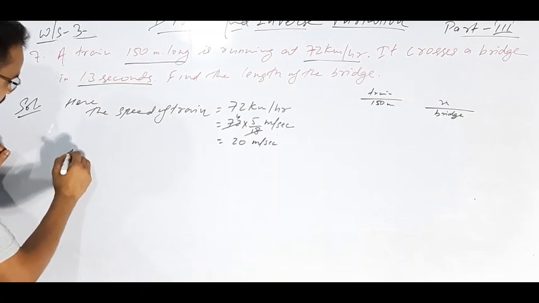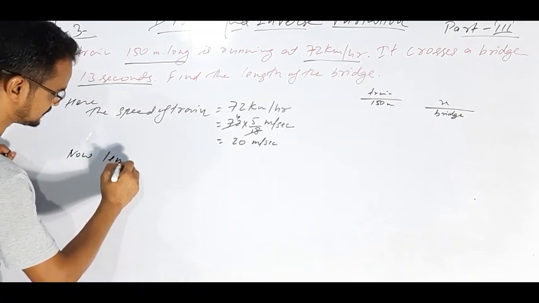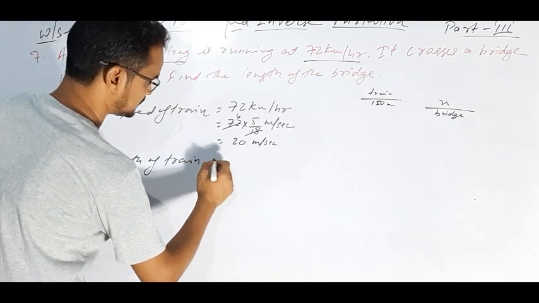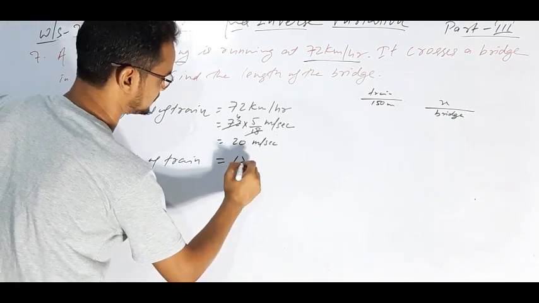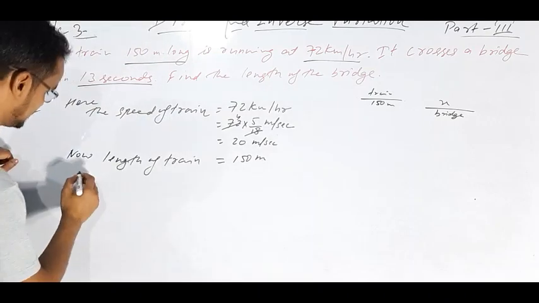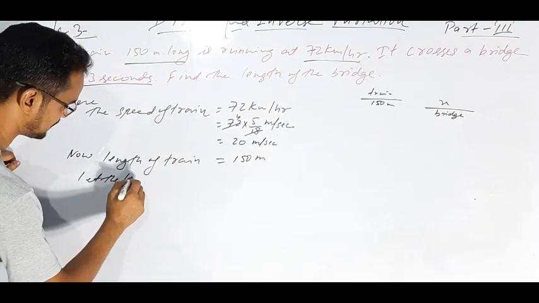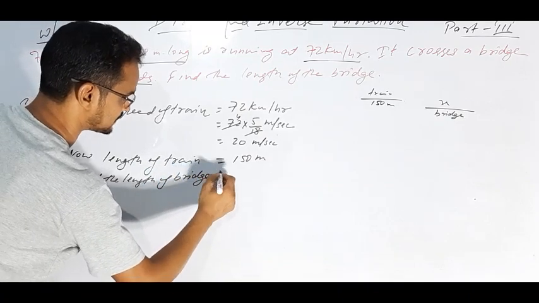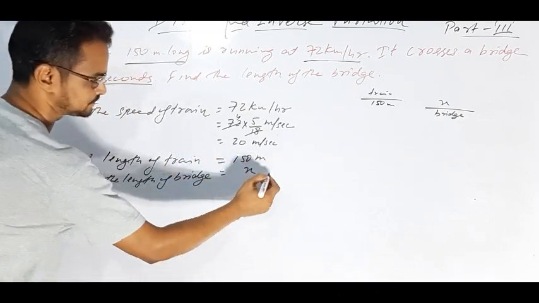Now, the length of the train is equal to 150 meter. Let the length of the bridge be x meter.